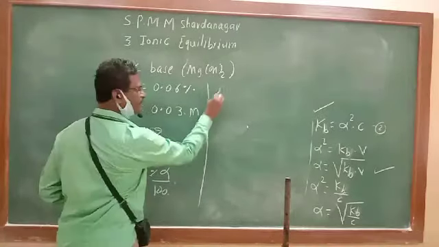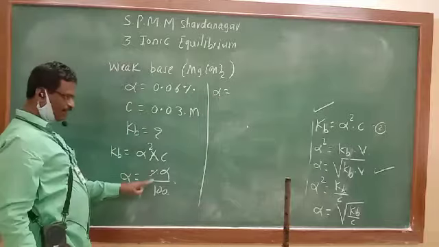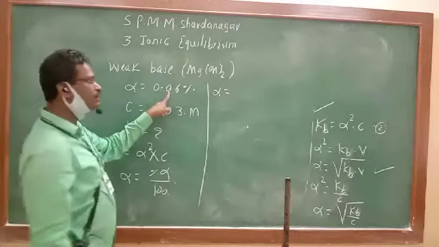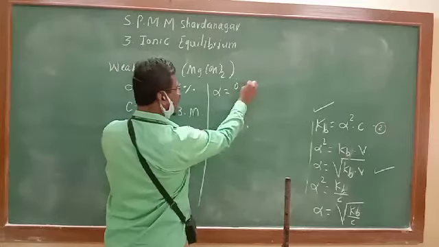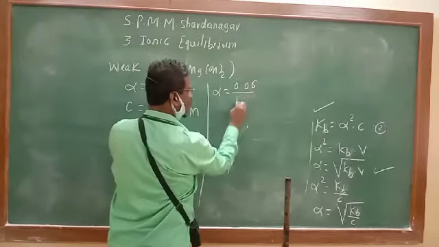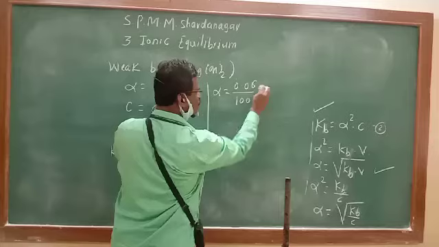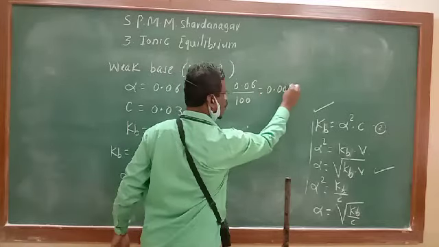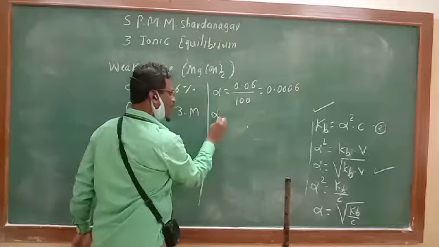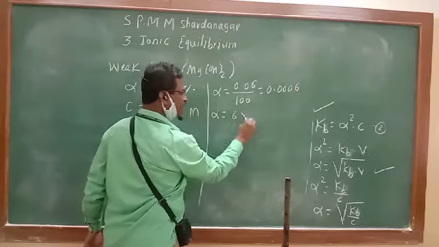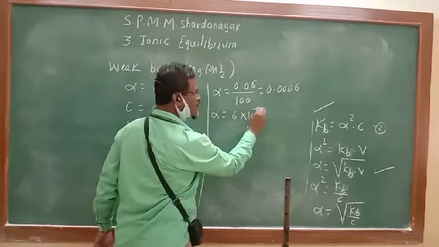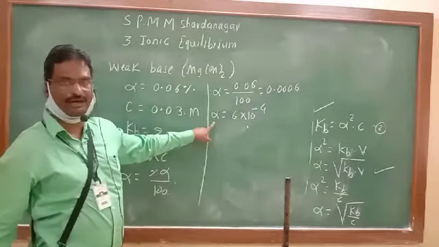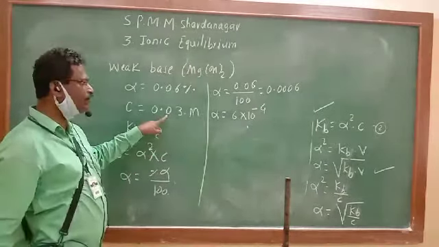Percent alpha is 0.06%, so it is 0.06 divided by 100. So alpha will be equal to 0.0006, which is also written as 6 into 10 raised to minus 4. This is the alpha. Concentration we know.